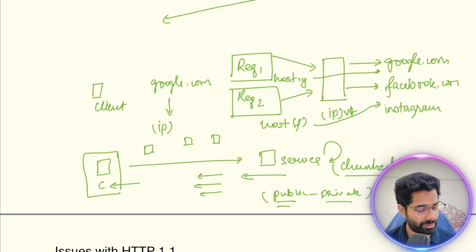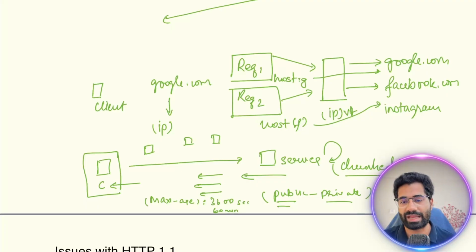Okay, also it provided a max age for the cache. Rather than providing a timestamp, it provided a max age. So let's say the max age is 3600 seconds, so basically for 60 minutes you could cache this particular request. For each of the servers the time would start on its own, it was agnostic of the timestamp.